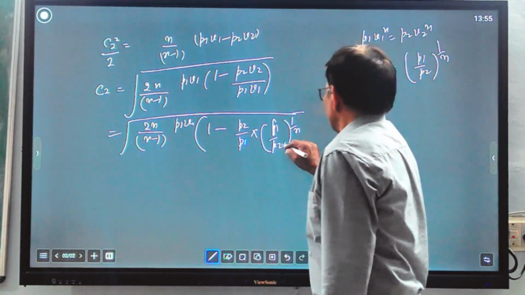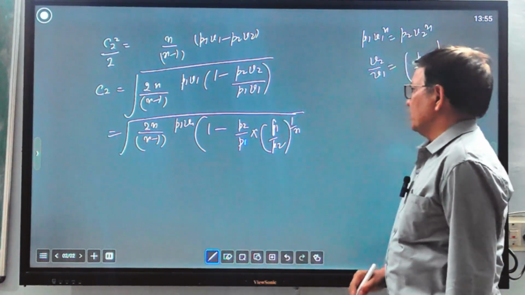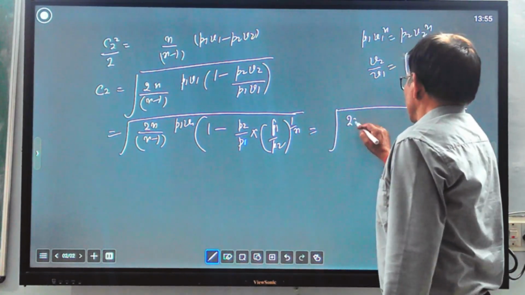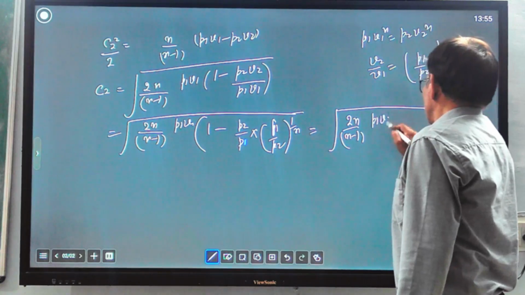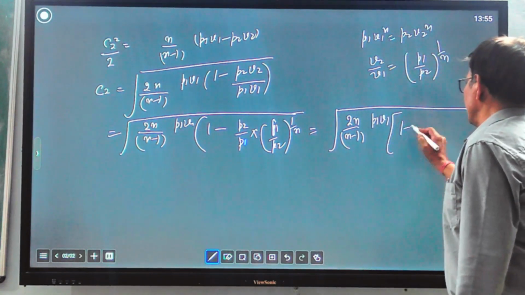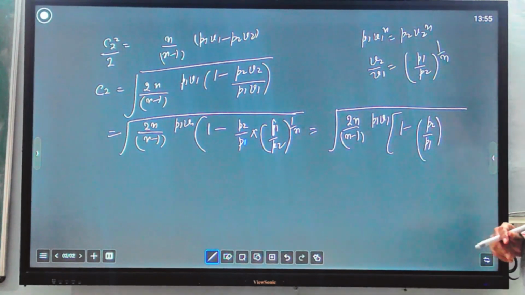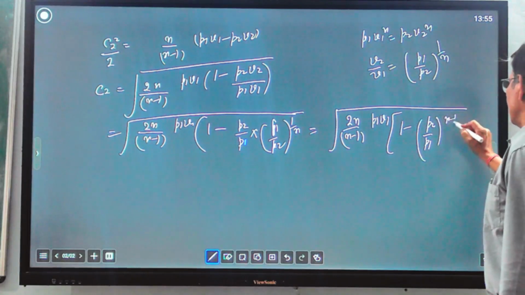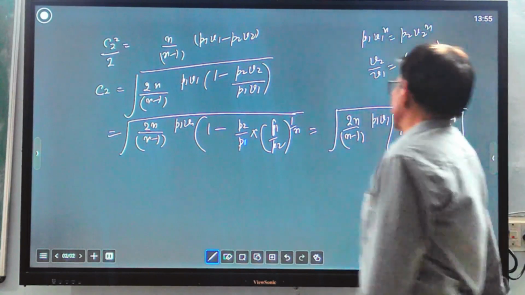Now simplifying, p2 to power 1 by n goes up and p1 to power 1 by n goes down, and that will be equal to under root 2n upon n minus 1 p1 v1 in bracket 1 minus p2 by p1 to power n minus 1 upon n. This is the final equation for the velocity.